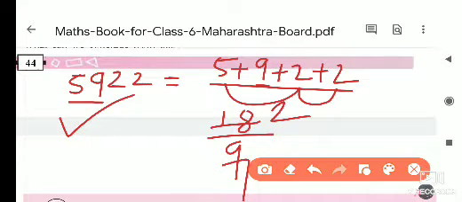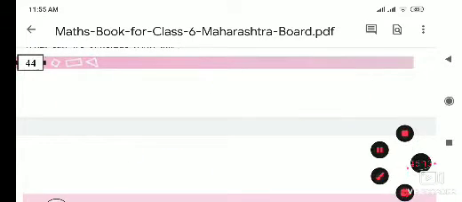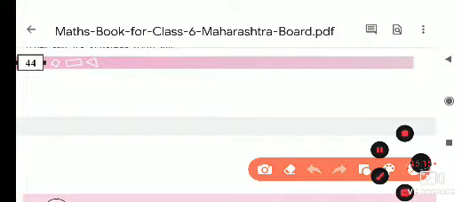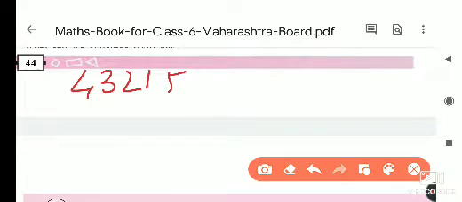Now we will see one more example to understand it. Here I will take one number, 43,215. What we have to do, as I told you before, is only sum up the digits. It is not necessary to divide the number by 9.